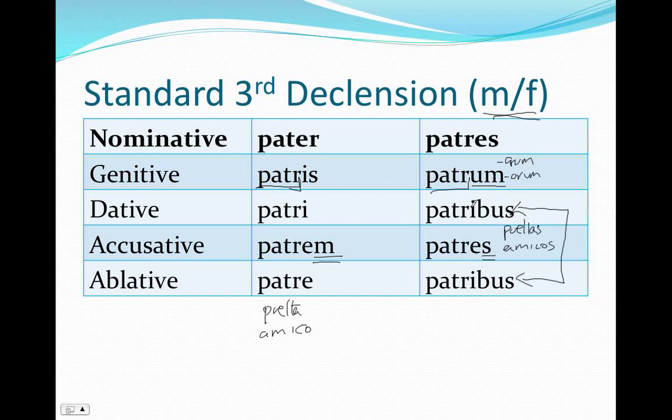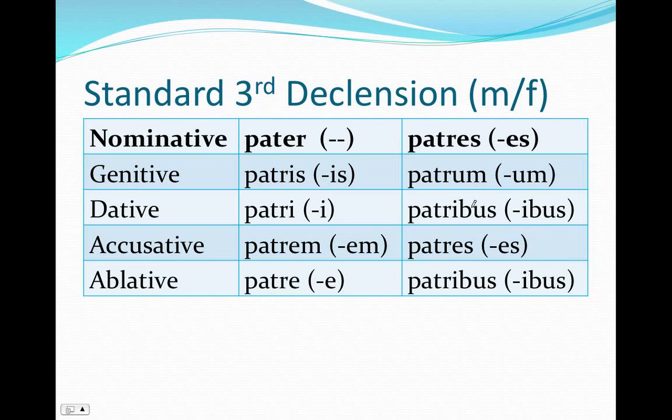So let's pull out the endings here. The nominative, I leave blank because it can be a number of things. We could have rex, king, tempus, time, or pater, father. So this is variable; put a question mark there.